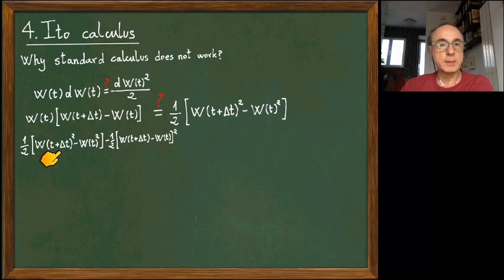W(t plus delta t) squared cancels with this one. Now, if we expand this square, we get minus 1/2 W(t plus delta t) squared. So this cancels with this. On the other hand, Wt squared, this is a minus, and with this minus, we get a minus Wt squared, which is this one here, Wt multiplied by Wt.